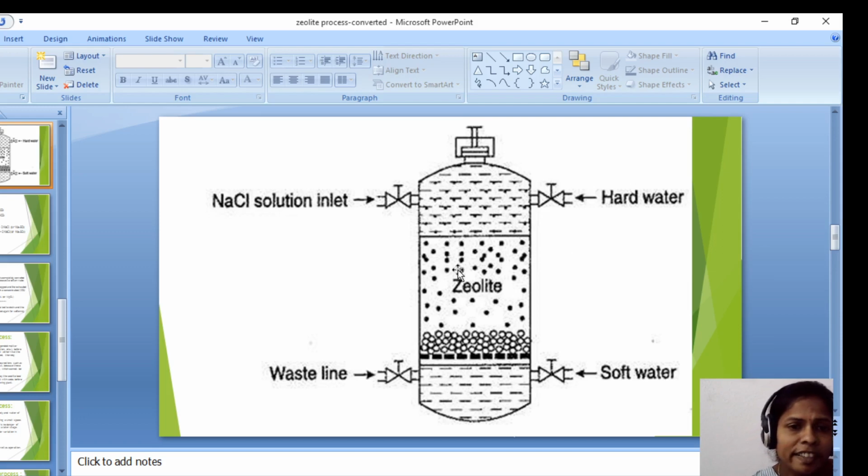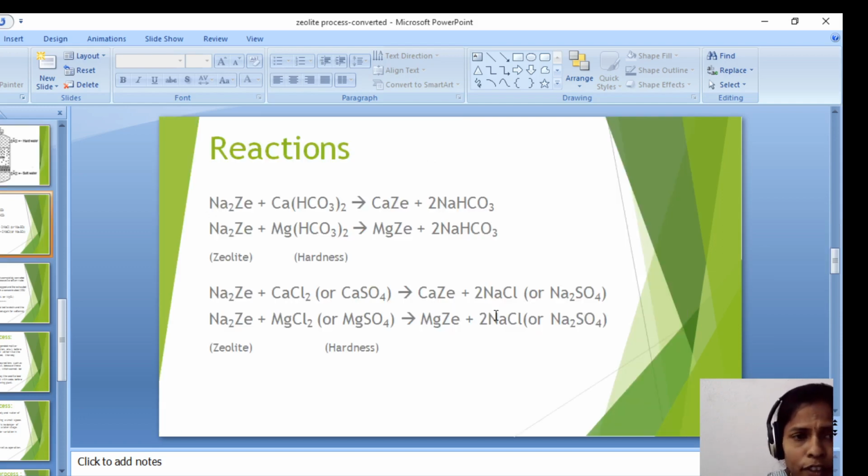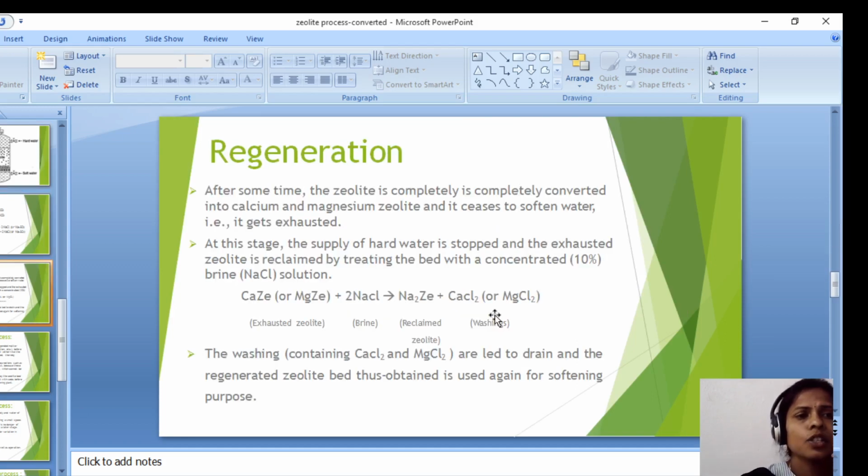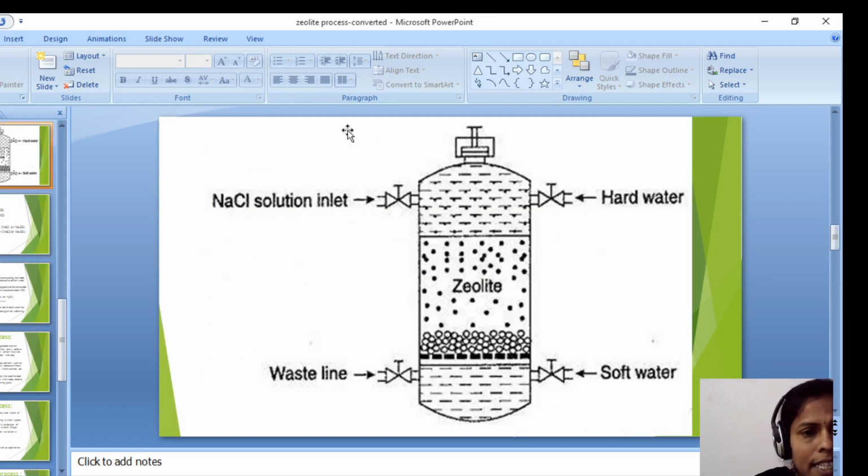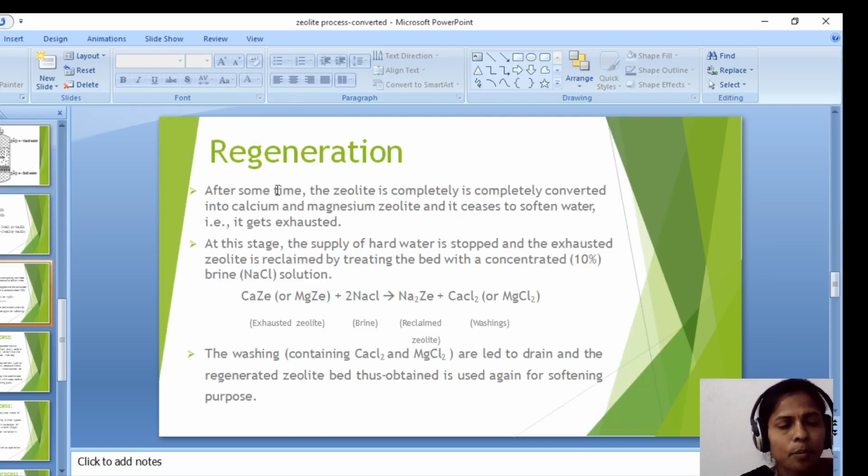So we can't pass the hard water through the zeolite for purification. That's the reason we do the regeneration. That means this zeolite is recycled by passing the sodium chloride solution, which is the brine solution. That we will see in the regeneration process.